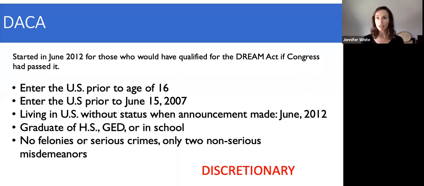But generally speaking, these are cases that I would say are easier to win than a lot of other immigration cases. They're a little more straightforward. So a lot of nonprofits handle these, a lot of law firms, pretty much any immigration advocate that works in legal services knows how to do a DACA application, and they are pretty simple and straightforward.